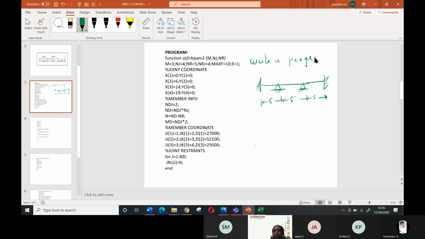Write a program to find the number of degrees of freedom for the given beam.